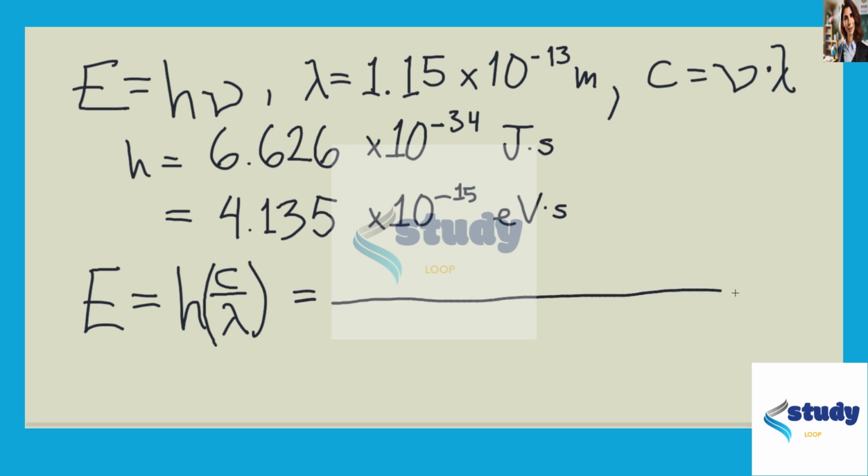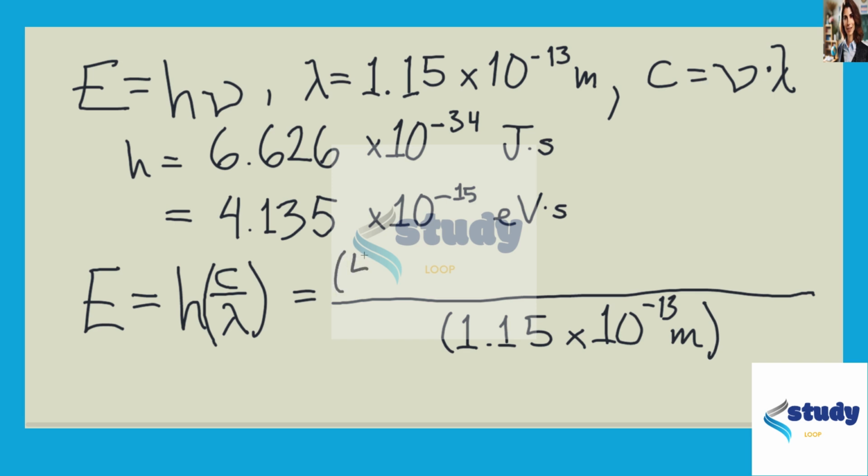Doing this, we can write out this equation in full. We know in the denominator we have our 1.15 times 10 to the negative 13th meters. And in the numerator, we have our electron volts version of Planck's constant, 4.14 times 10 to the negative 15th, and we need our speed of light.